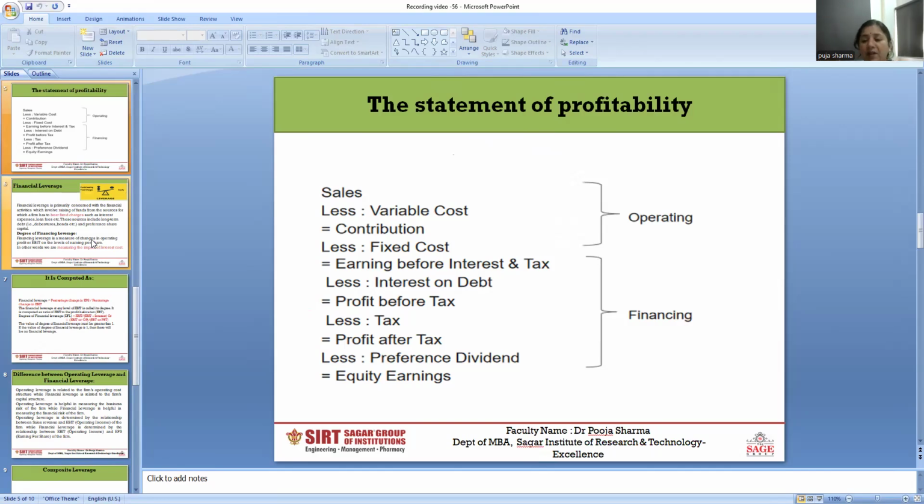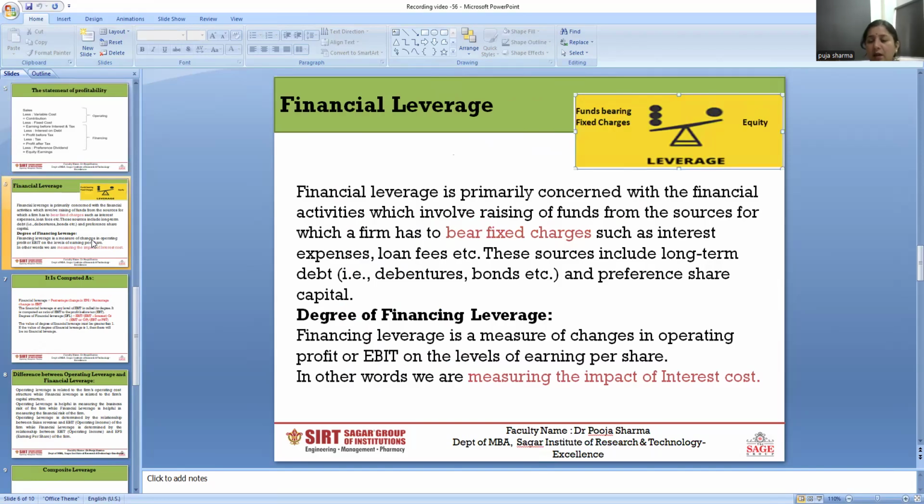So before explaining this chart, I'll explain the concept of the financial leverage, and then I'll come to that statement. Financial leverage is primarily concerned with the financial activities which are involved in raising of funds through different sources like equity, debentures, preference shares, bonds. With these sources, the company can raise funds.